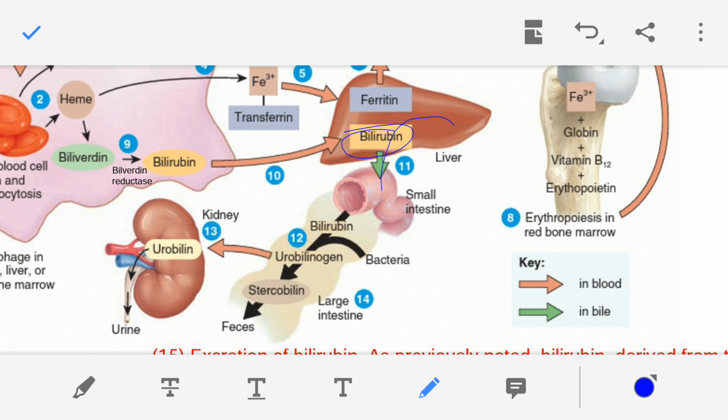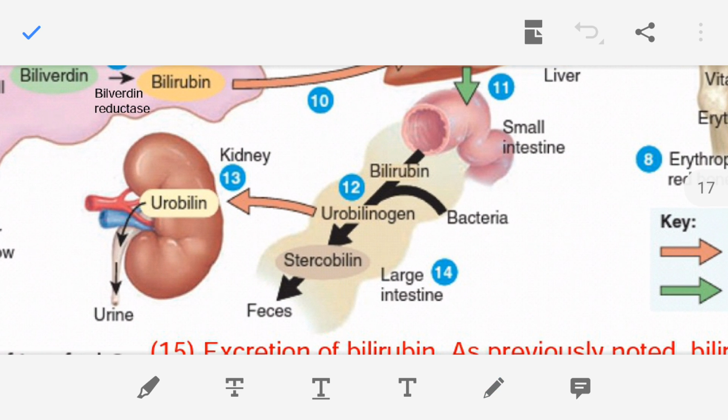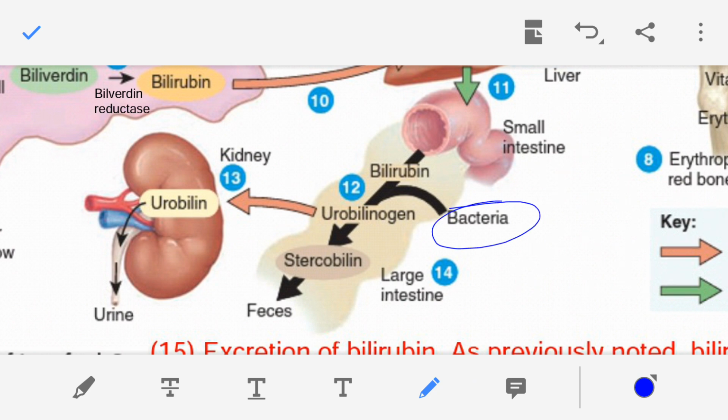Now in the small intestine, what is happening? On the bilirubin, bacteria act. Bilirubin is present in the small intestine, and in the intestine, bilirubin is acted upon by the bacteria and converted into urobilinogen.